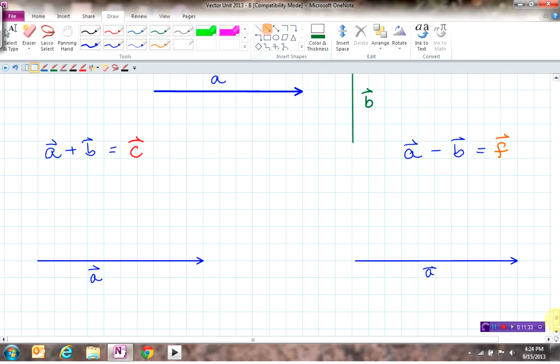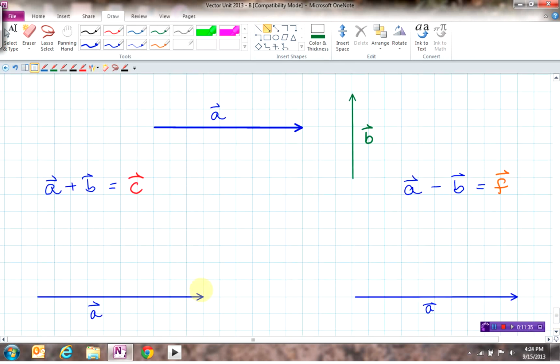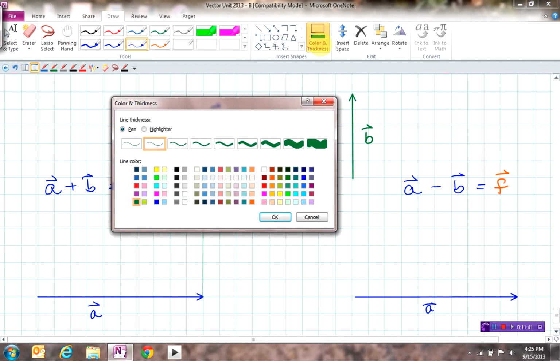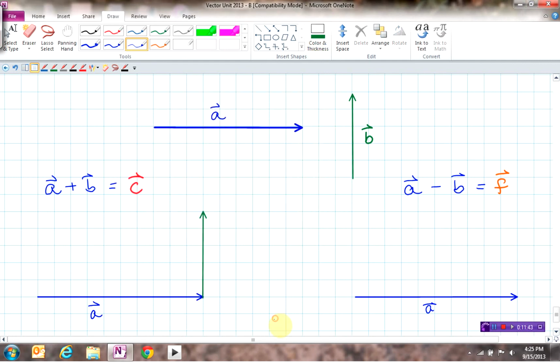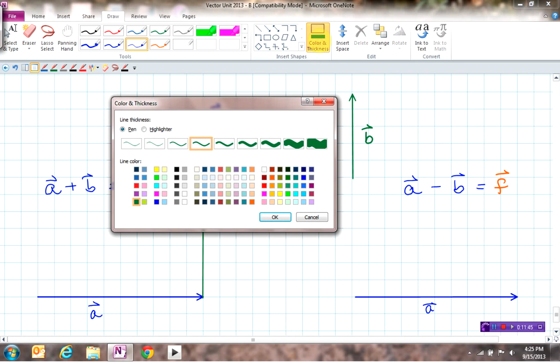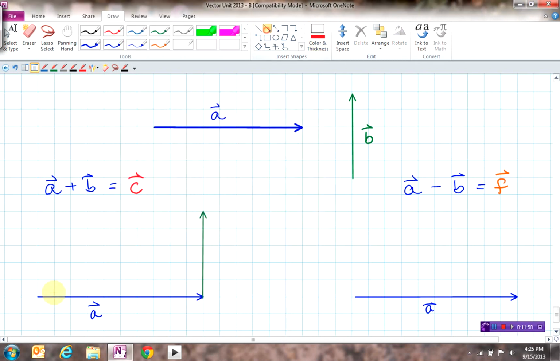There's vector B. Vector B will go up just a little bit, and it's going to go up like this. And we need it a little thicker than that, I think, so you can see it. There it is. And that means that the resulting vector must be vector C here. That's the resultant vector right there.